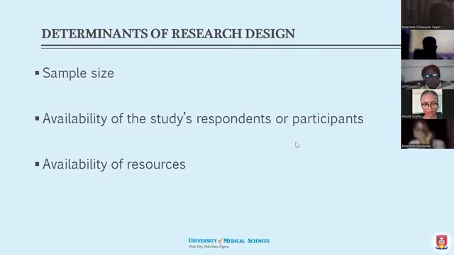Even if it is a qualitative study, you will need resources to meet them. So the availability of resources is very important in your research design, so that you'll be able to get all the necessary information from these participants.